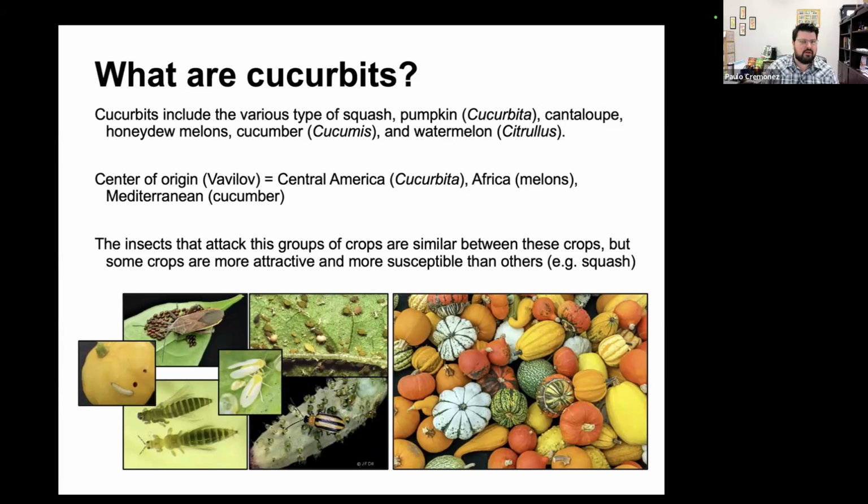We also brought the pests that were closely associated. So, to summarize, we have a plethora of different insect pests that attack cucurbits. They are very similar between the cucurbit crops, but some crops are more attractive and more susceptible than others, for example squash, with squash bugs or whiteflies.